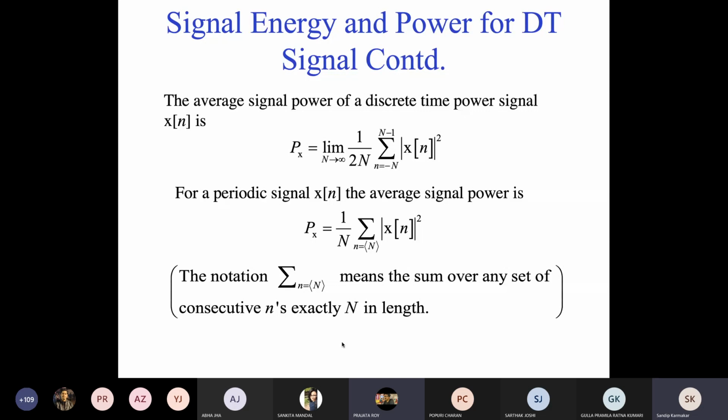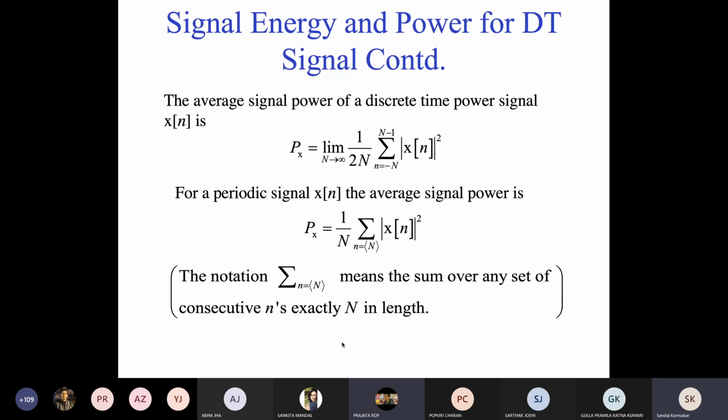The average power of a discrete time power signal is given by limit N tends to infinity 1 by 2N, summation n equal to minus N to N minus 1, mod x[n] square. Is this clear? Yes, sir.